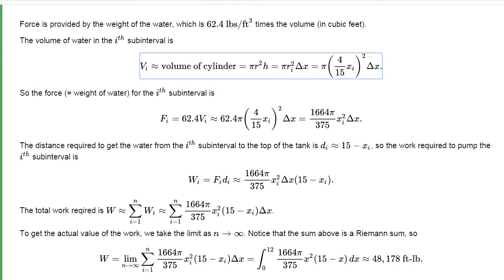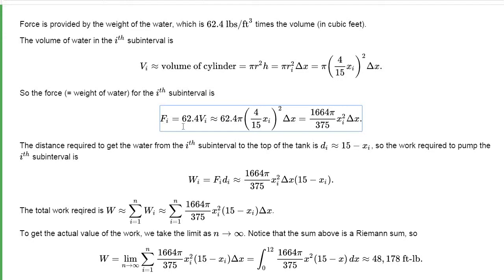So the force, which is the weight of the water, for the ith subinterval, is 62.4 times the volume, which is roughly 62.4 times this mess we got up here. And I'll do a little simplifying. 62.4 times 4/15 gives me this fraction here. So the force on the ith subinterval is approximately this mess here. The distance required to get from that ith subinterval to the top of the tank, remember we want to figure out the work to get to the top.